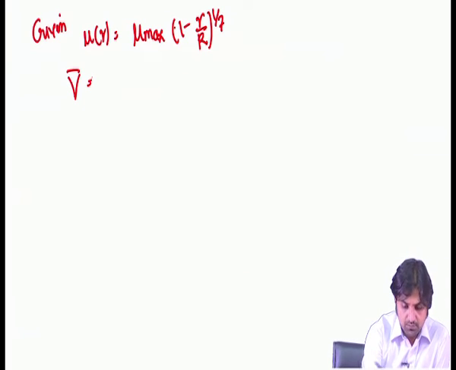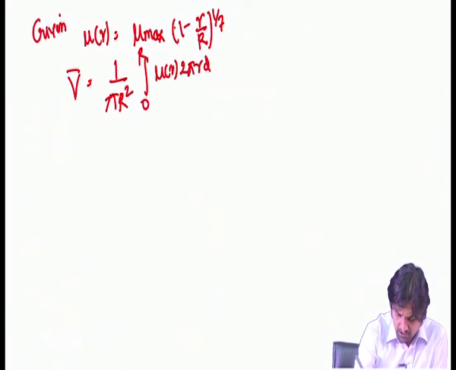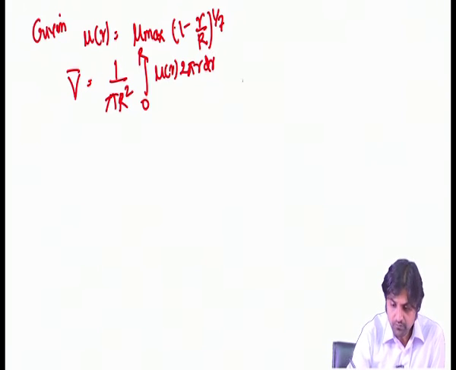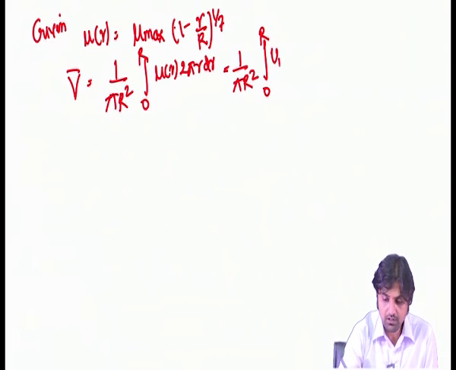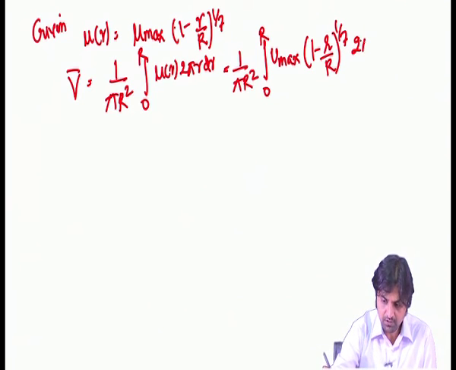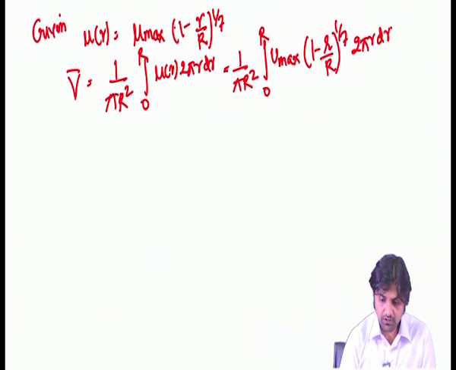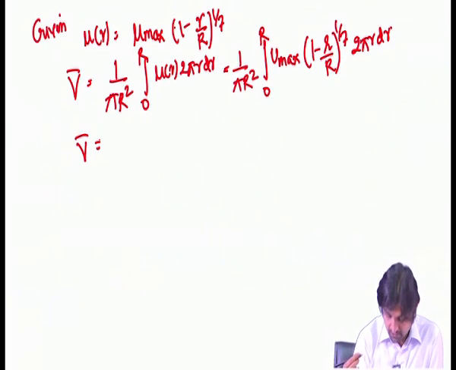So, the average velocity will be simply 1 divided by the entire area, integral 0 to R of u(r) 2 pi r dr, or we can write 1 by pi R square integral 0 to R u max into 1 minus r by R to the power 1 by 7 times 2 pi r dr. Therefore, we can take u max and 2 pi outside.